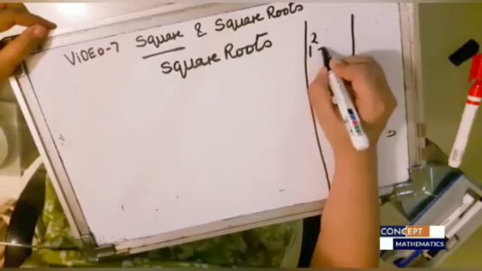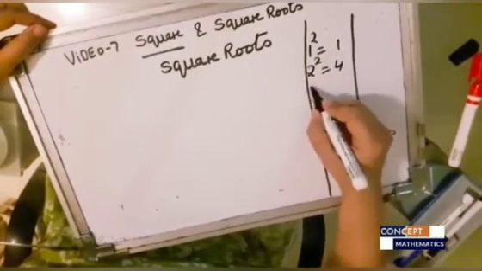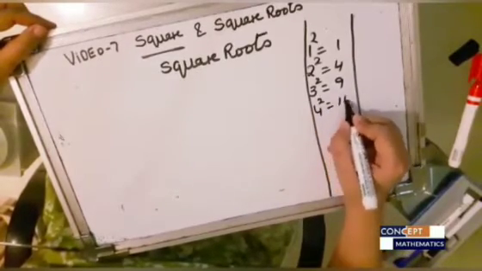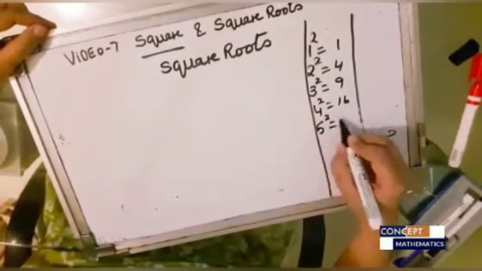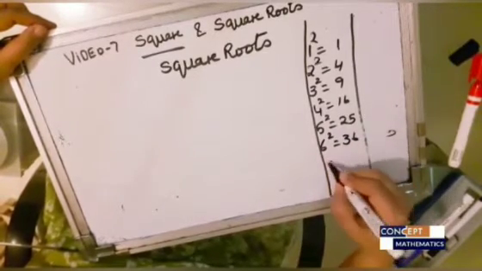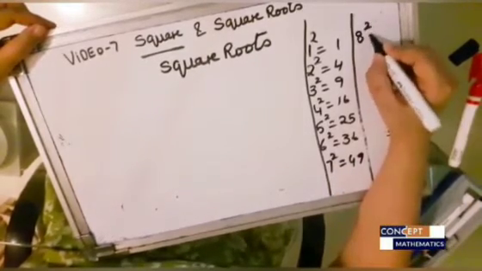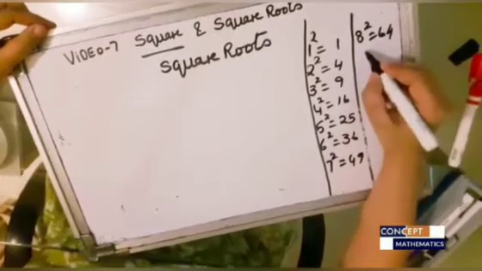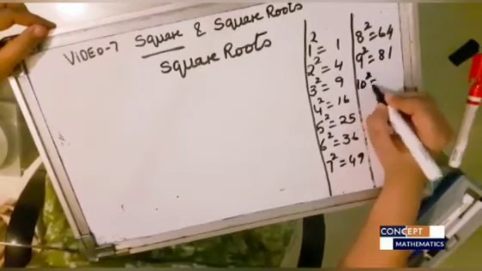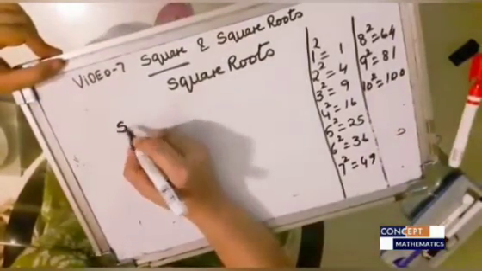So 1 square is 1, 2 square is 4, 3 square is 9, 4 square is 16, 5 square is 25, 6 square is 36, 7 square is 49, 8 square is 64, 9 square is 81, and 10 square is 100.